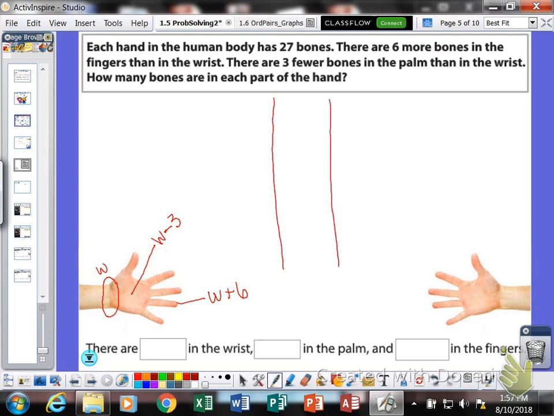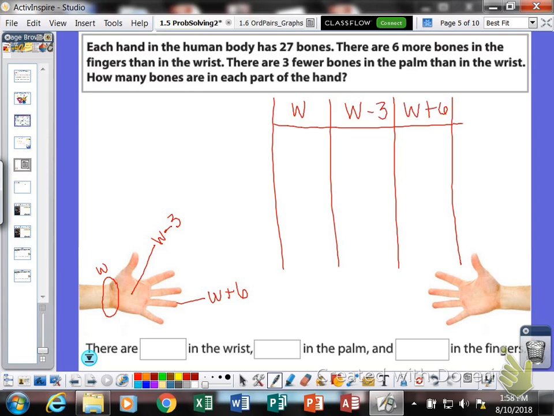So I'm going to make 4 columns here. This is how many are in my wrist. Wrist minus 3 is the palm. Wrist plus 6 is my fingers, and then T for the total number of bones.